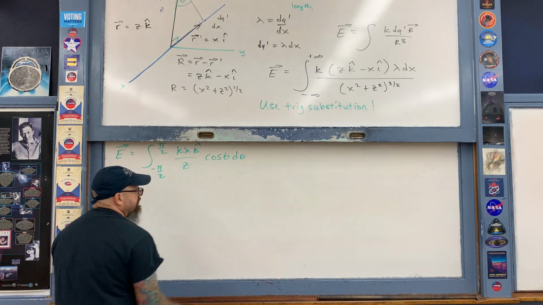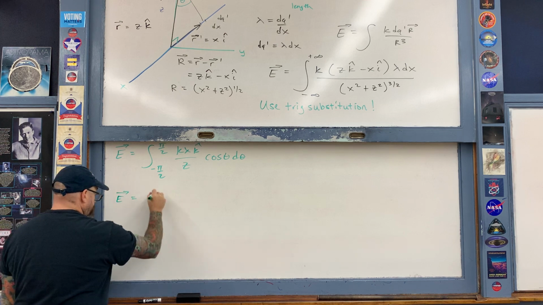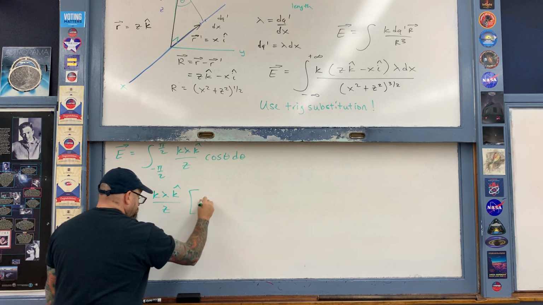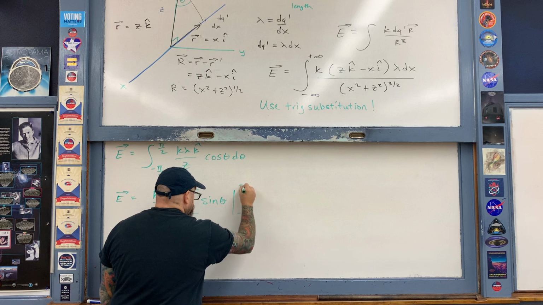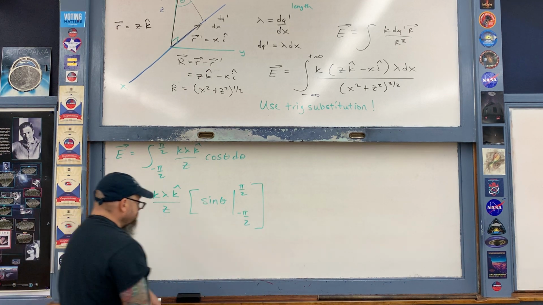All right, so integral of cosine is sine. So k lambda k hat over z, sine of theta, from negative pi over 2 to positive pi over 2. Okay, so doing the brackets here carefully.